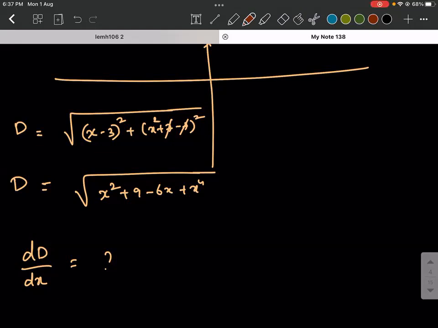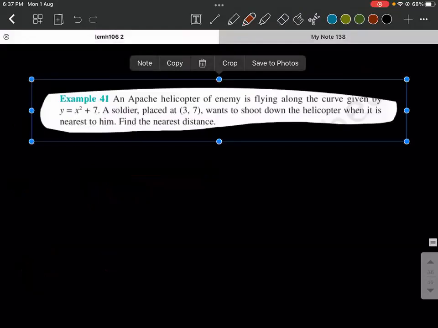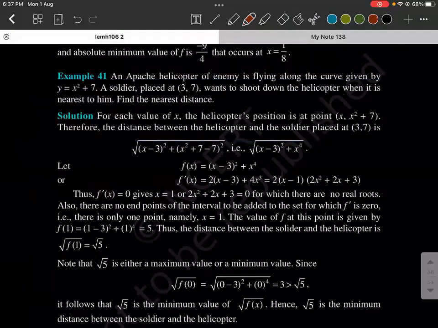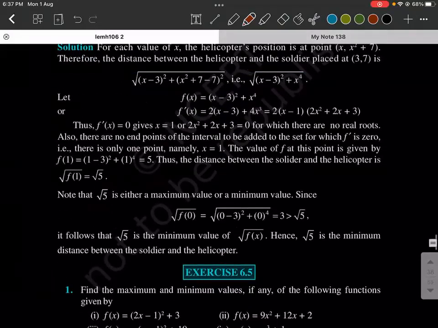This is the one you sent me. Okay. X is 1.